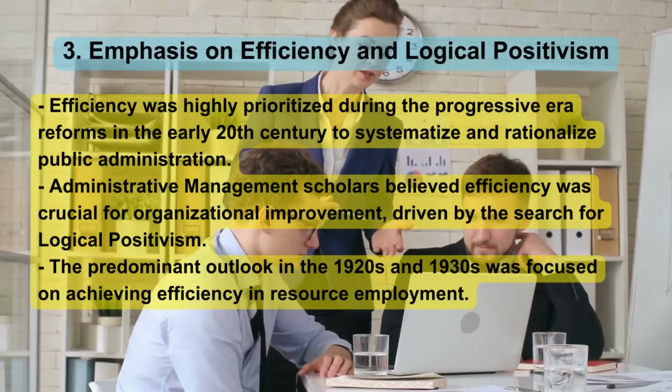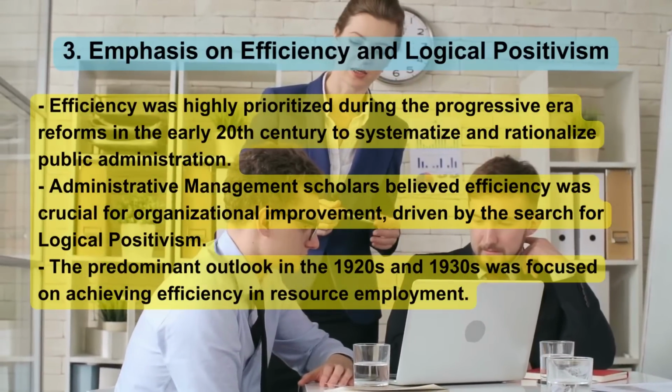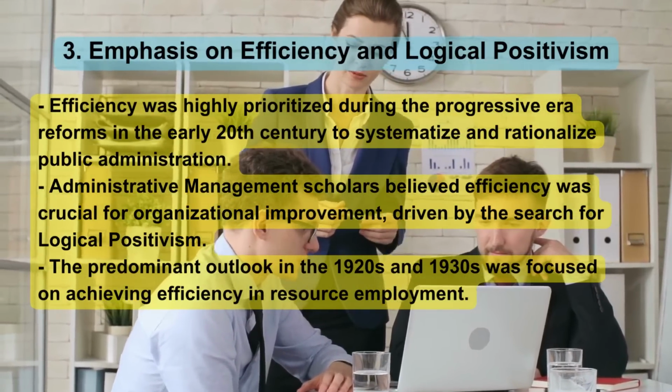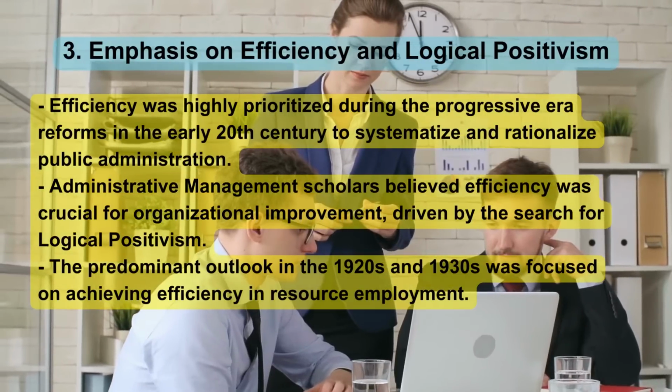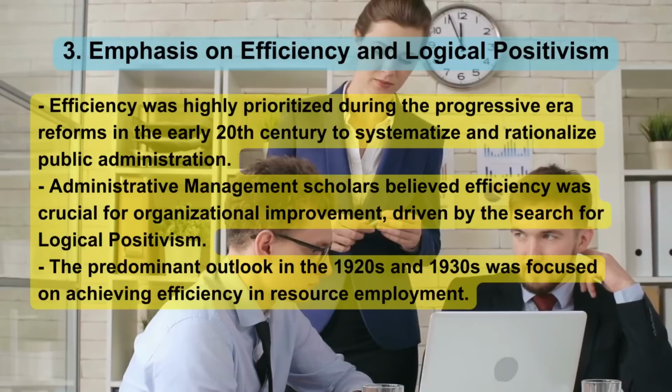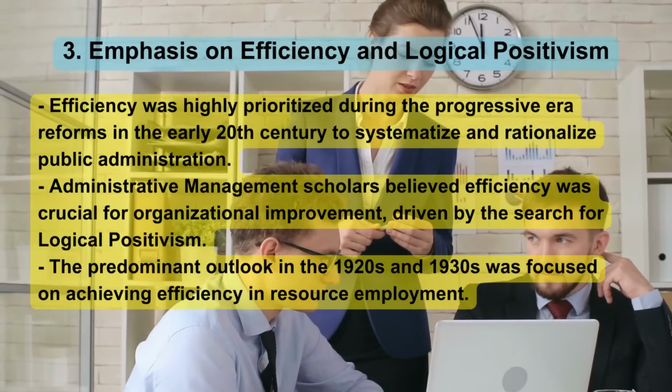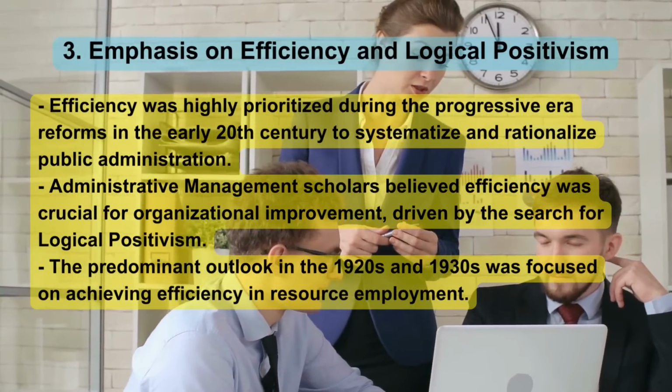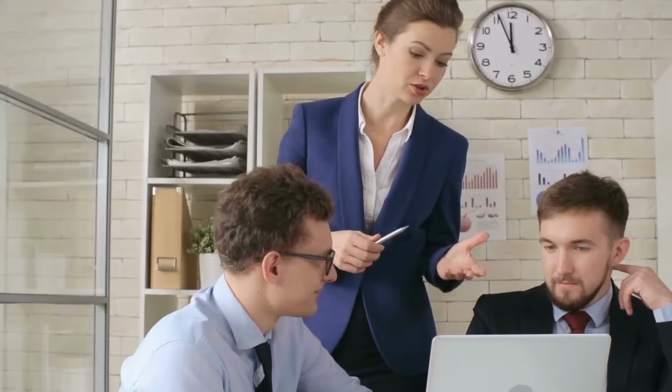Administrative management scholars believed efficiency was crucial for organizational improvement, driven by the search for logical positivism. The predominant outlook in the 1920s and 1930s was focused on achieving efficiency in resource employment.